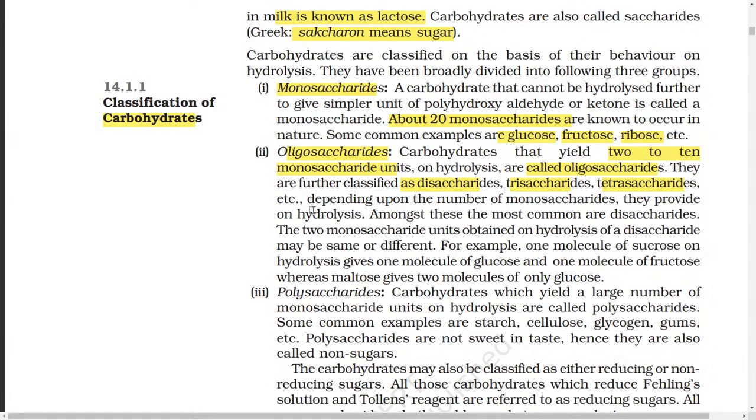Among these, the most common are disaccharides. The two monosaccharide units obtained on hydrolysis of a disaccharide may be the same or different. For example, one molecule of sucrose on hydrolysis gives one molecule of glucose and one molecule of fructose, whereas maltose gives two molecules of glucose only.